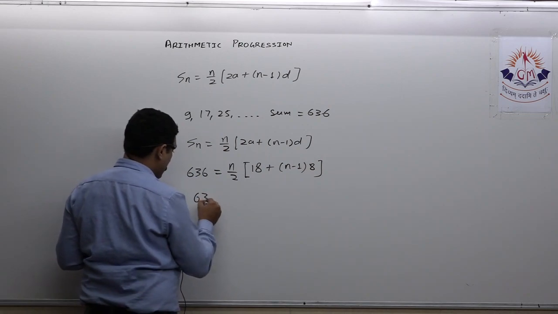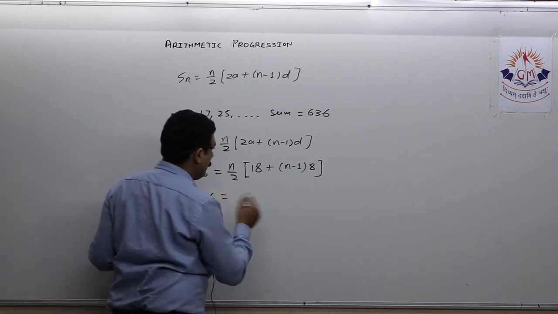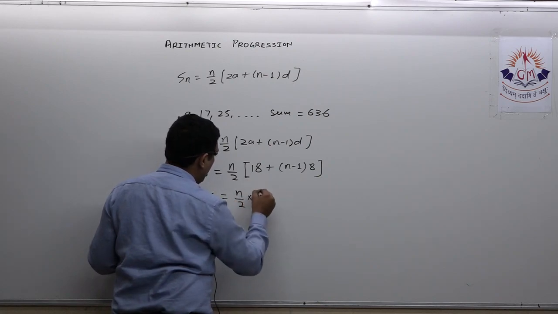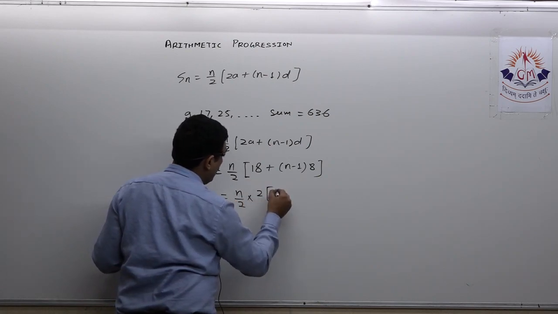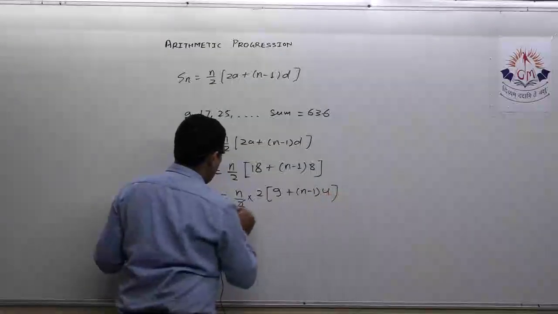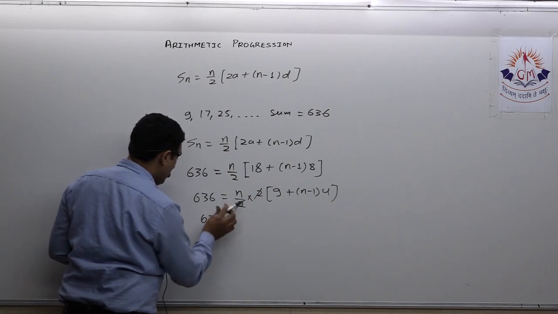Okay, so 636 is equal to... now there are so many ways to simplify this. I am taking 2 common, so 9 plus (n minus 1) into 4. This 2 and 2 cancel out.